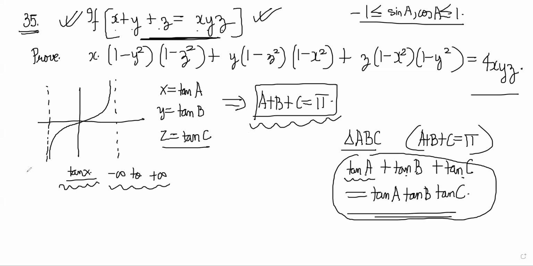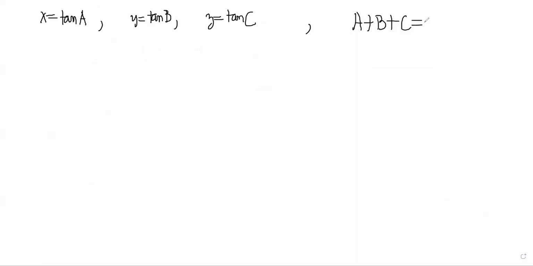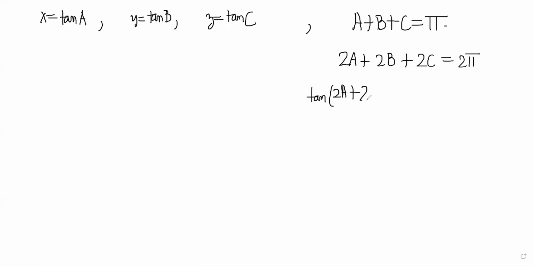Yes, sir. Okay. So my X is tan A, Y is tan B, Z is tan C. And I also have learned that A plus B plus C is equal to pi, right? Yes, sir. Now, what you can also do from here is 2A plus 2B plus 2C is 2 pi, and try to take tan of 2A plus 2B plus 2C.